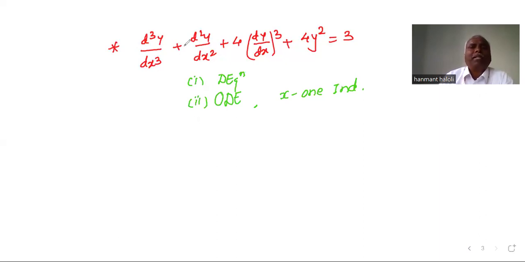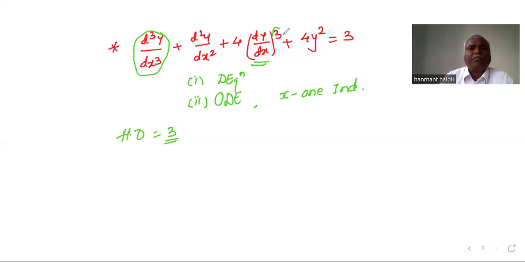Now, which contains derivatives. Next, the highest derivative. Here the highest derivative is 3 times differentiated, y with respect to x. Then here one more, you can see dy by dx.